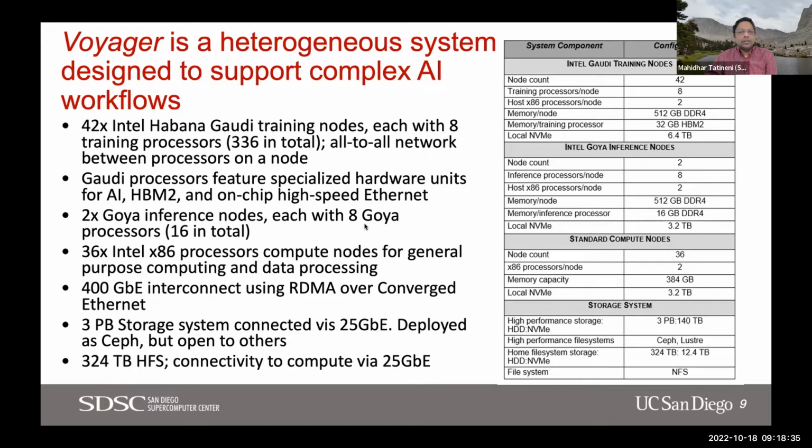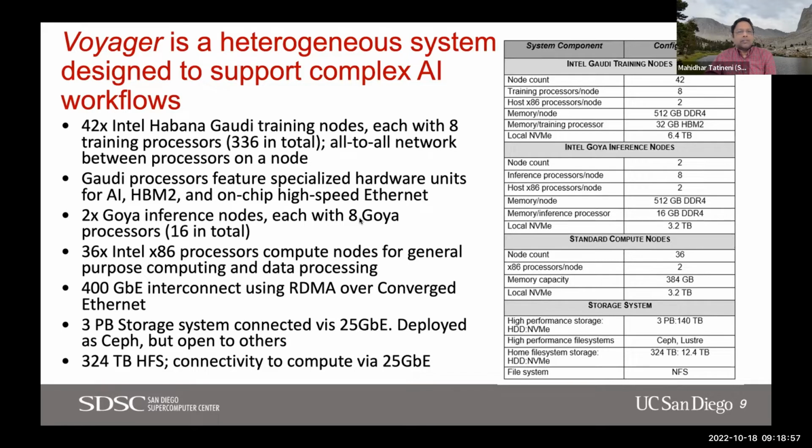So we have 42 Intel Habana Gaudi training nodes, and each of these training nodes has eight of the Gaudi processors. So we have a total of 336. And there's all-to-all networking between the processors on a node, and I'll go into the network architecture in more detail further down the talk.